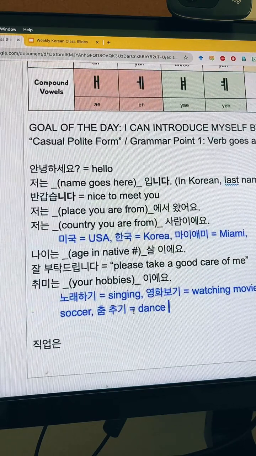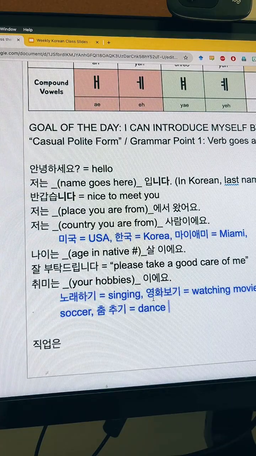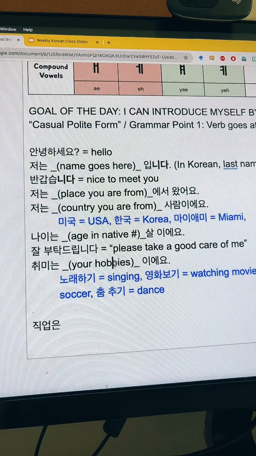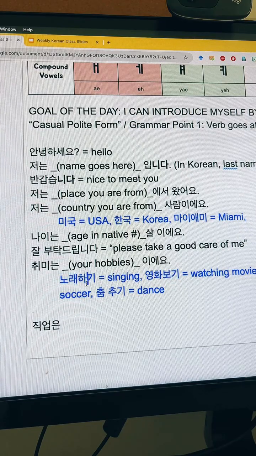Okay, so this can get kind of tricky. It's not just one word that you can say for different types of activities. You notice many of these end in 기. It is conjugating the verb here. 노래 means song. 하기 comes from the verb 하다, which means to do.